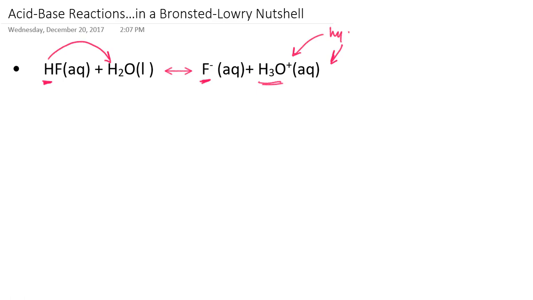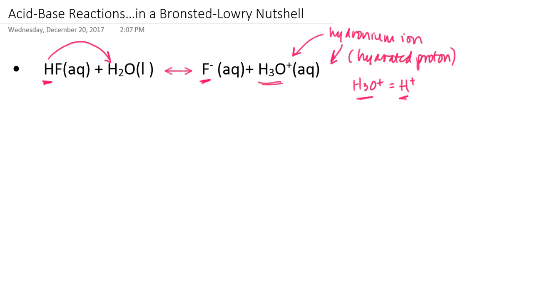H3O+ is referred to as the hydronium ion, or sometimes it's referred to as a hydrated proton. And essentially, for the purposes of acid-base chemistry, hydronium ions and protons are considered to be essentially equivalent species.